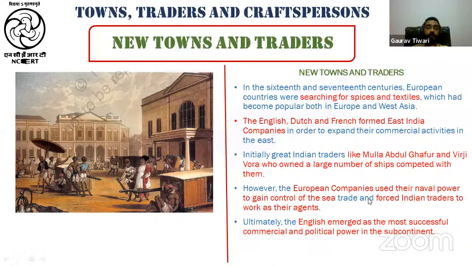But European companies came with naval power. इनके पास naval power थी and they started taking control of the sea routes to India and they forced all these Indian traders like Mullah Abdul Ghaffur and Vrijji Vora to work for them as their agents. Ultimately, English emerged victorious amongst this battle. That is, Portuguese, Dutch, French इन सब के battle में English emerged victorious and they gained commercial and political power in the Indian subcontinent.